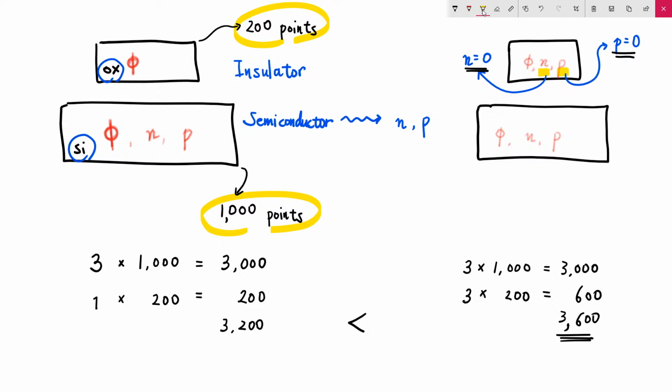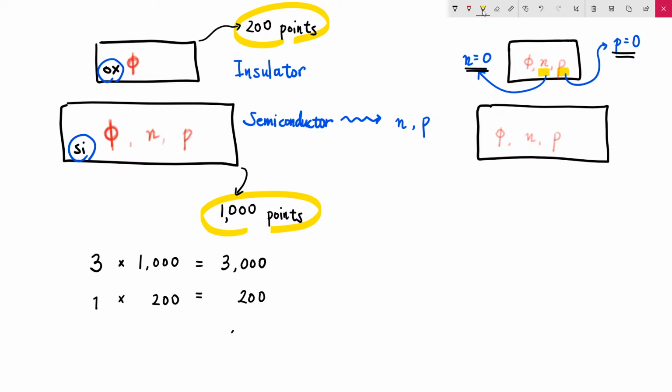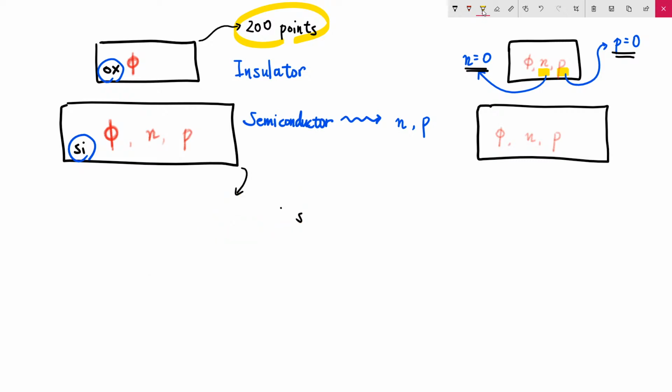So do you all agree with me? And this is one example, and let me also consider another example. For example, sometimes we have to introduce certain things like this. Here we have electrostatic potential, electron density, and hole density.